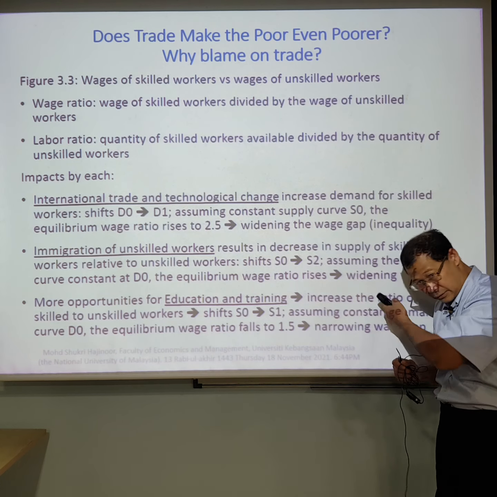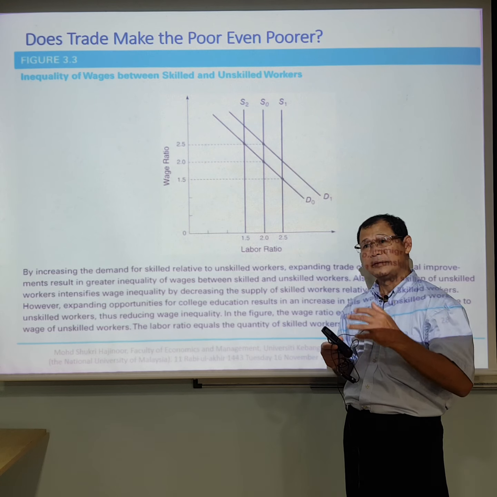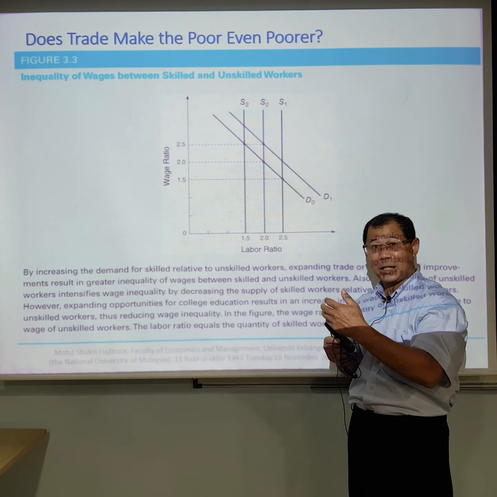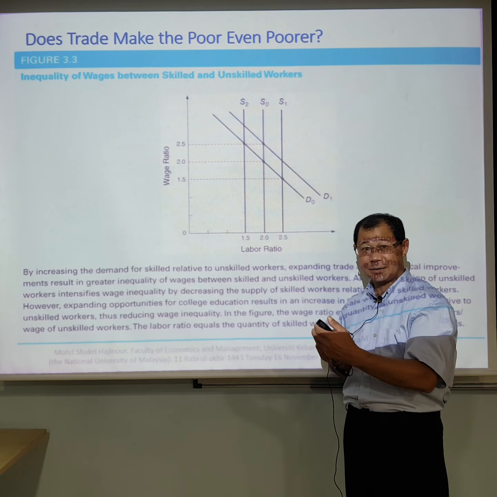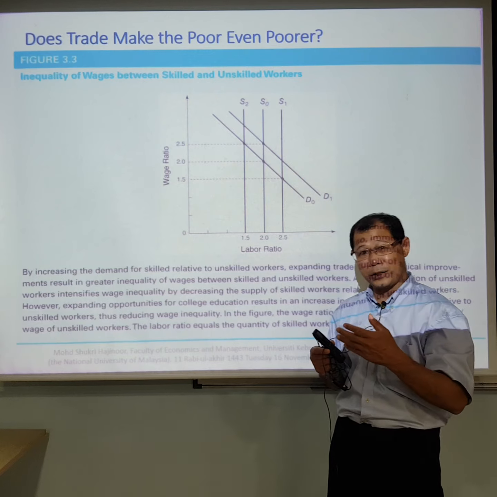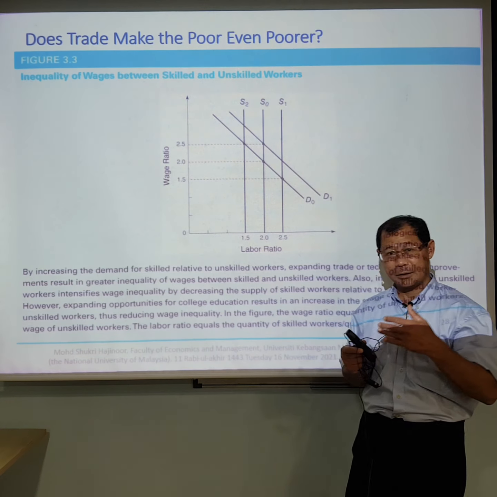With international trade in the United States, we know that the United States is relatively abundant with skilled workers relative to other countries. This is according to the Heckscher-Ohlin theory.